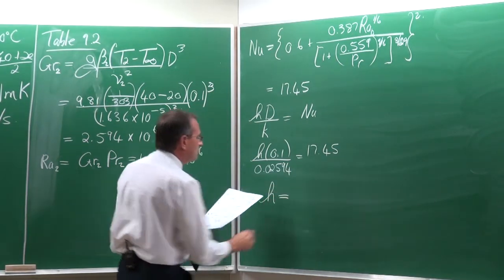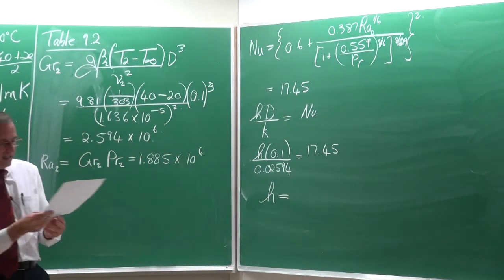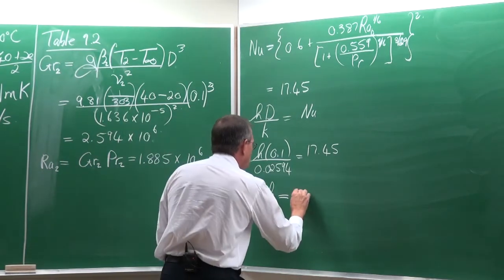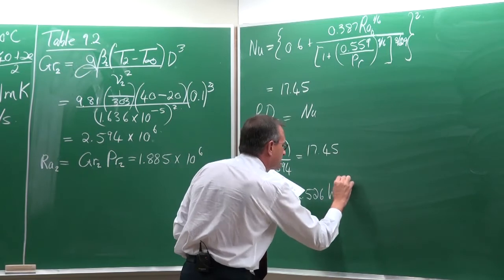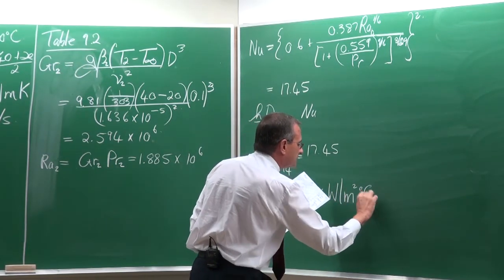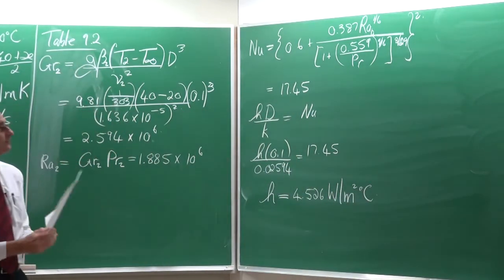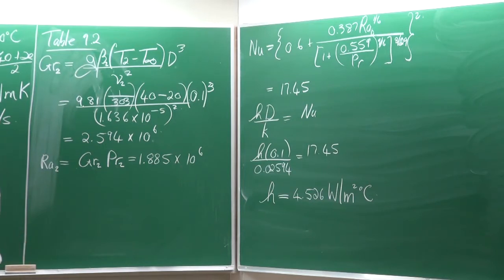So from that we can calculate that the heat transfer coefficient is equal to 4.526 watts per square meter degree Celsius. Are you all with me so far?